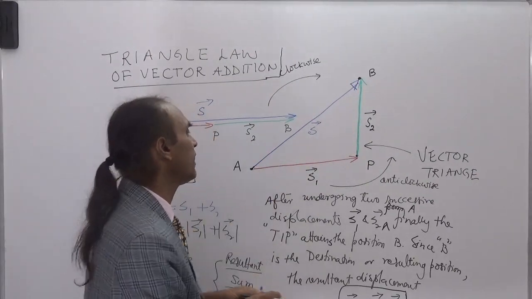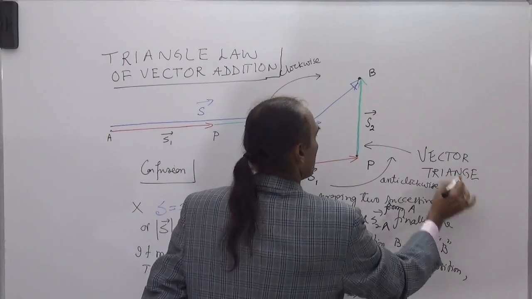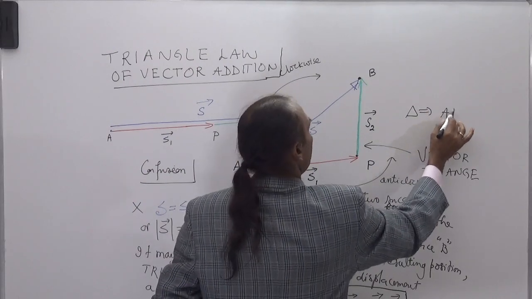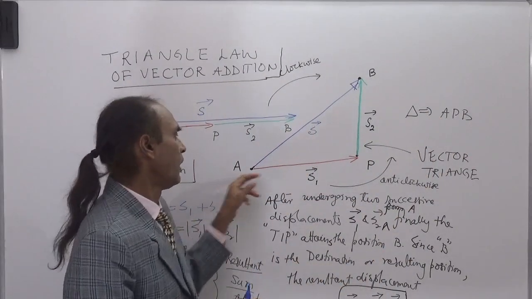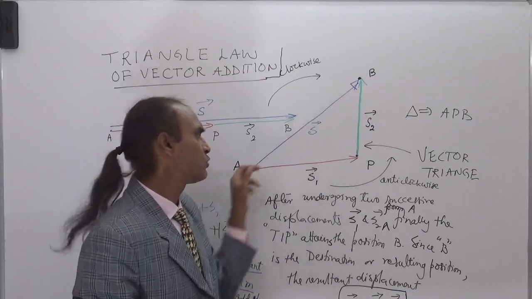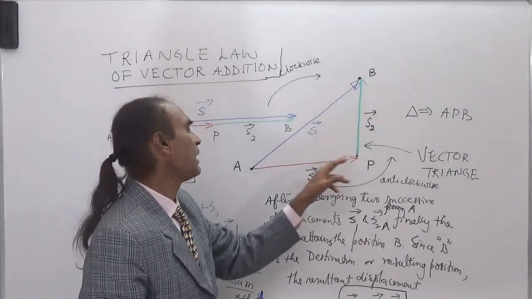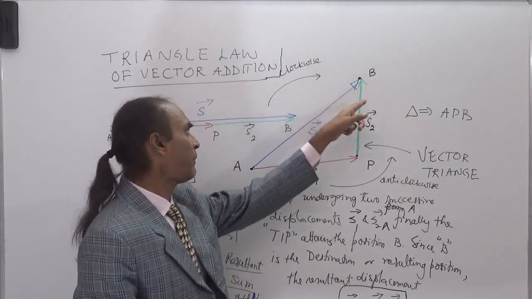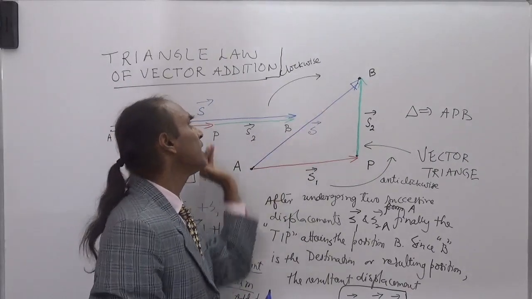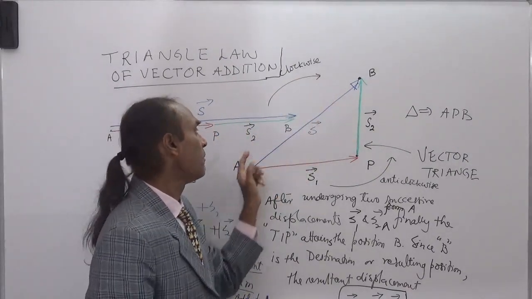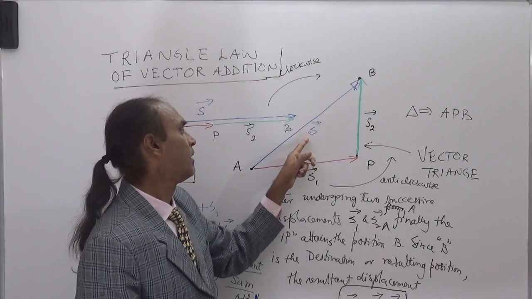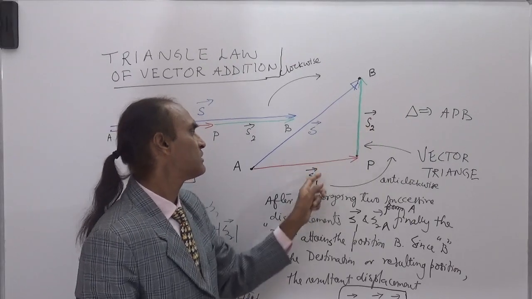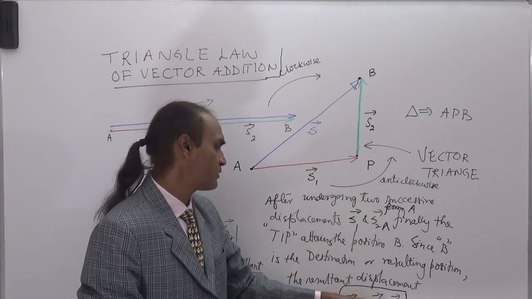We have chosen the triangle APB. We have chosen AP and PB, these two sides taken in anti-clockwise sense. If they represent these two vectors, two displacements S1 and S2, the closing side AB, taken in reverse order, clockwise order, must represent the resultant or the sum of these two vectors, two displacements. Therefore, you can write S is equal to S1 plus S2.